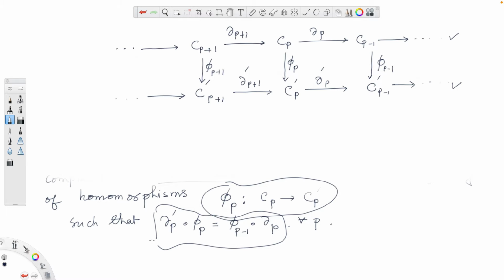In other words, the boundary maps of the chain complexes are preserved under such homomorphisms.